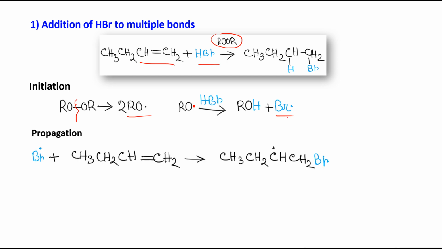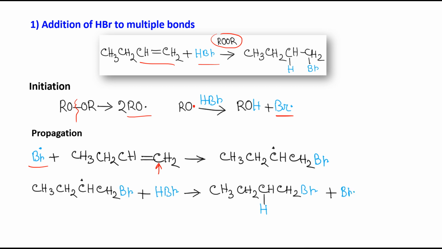So in this propagation step, now this CC multiple bond will be attacked by this Br dot, and it will be attacked in such a way that the Br dot is attaching to this terminal CH2, so that we are getting the radical which is more stable. The other possibility, if you consider, then the radical is at the terminal position which is less stable. So that is why this radical will be formed.